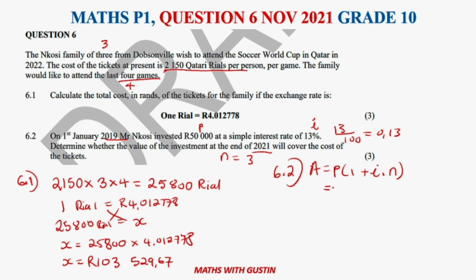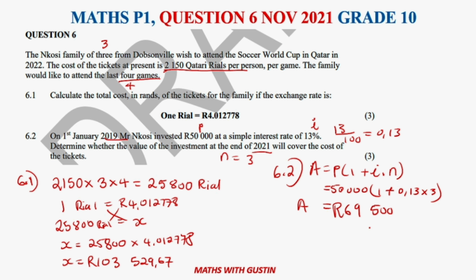So we say A equals 50,000 times (1 plus 0.13, our interest, multiplied by 3). Then we put this in our calculator and it gives us 69,500.